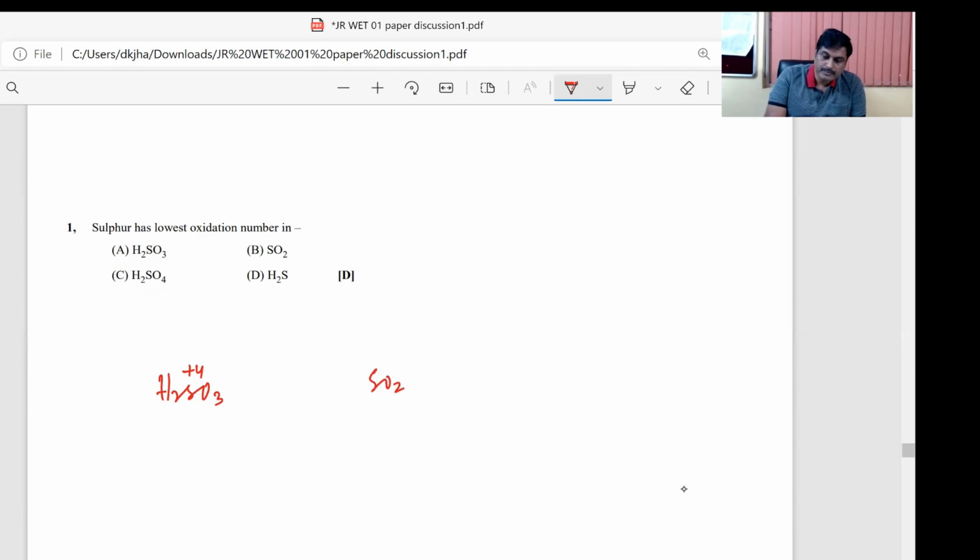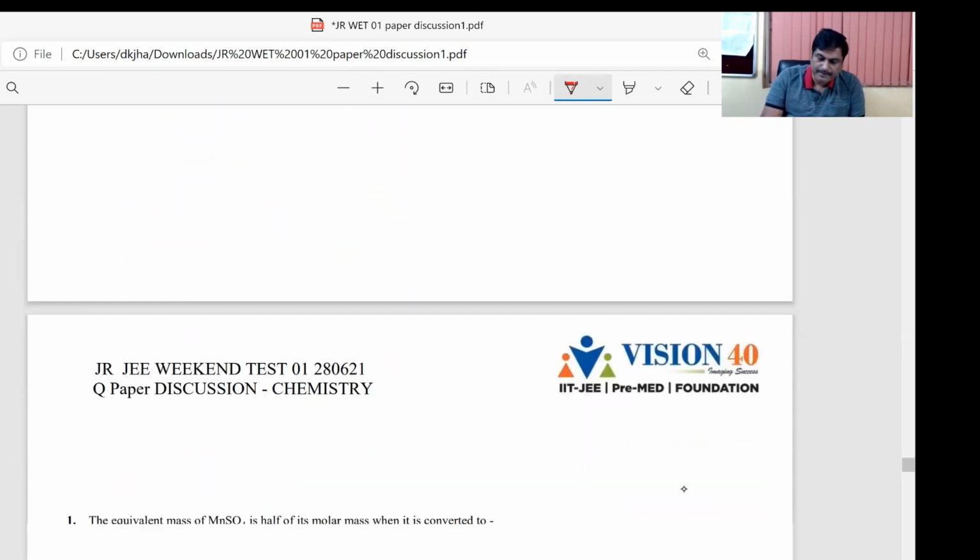SO2: minus 4, plus 4. H2SO4: plus 6, minus 8 will go that side, 8 minus 2, plus 6. H2S, sulfur, minus 2. Lowest oxidation number, H2S. Okay, done.